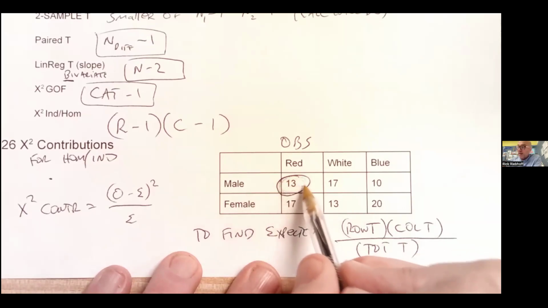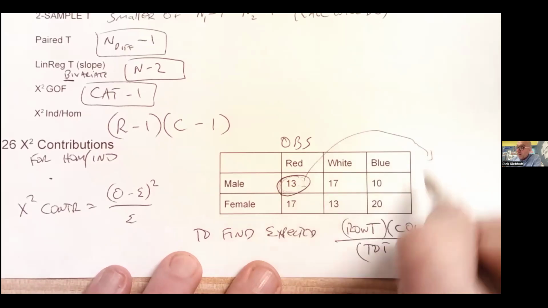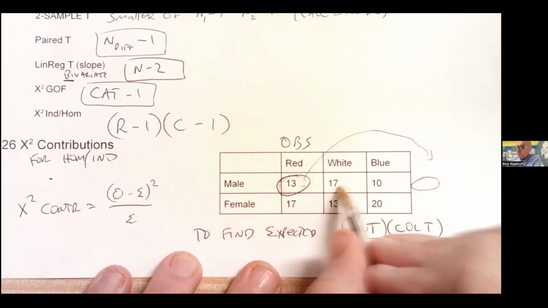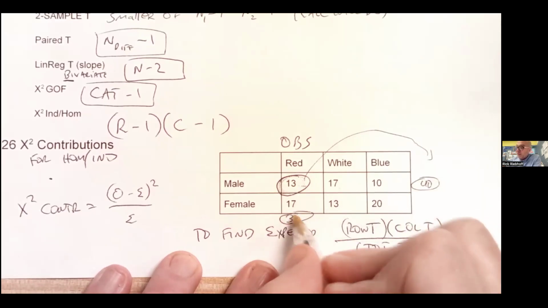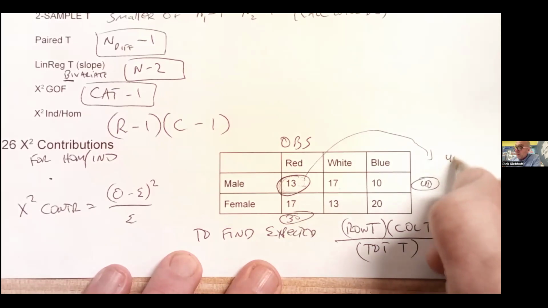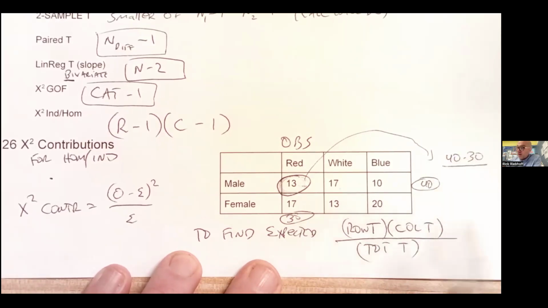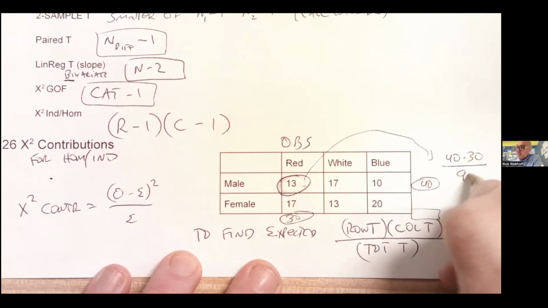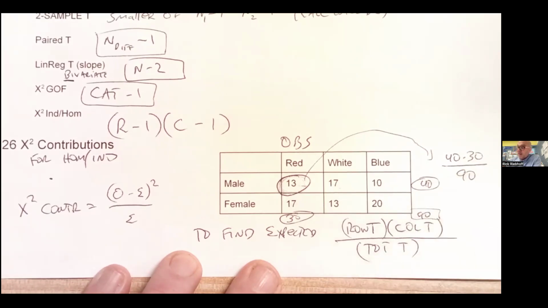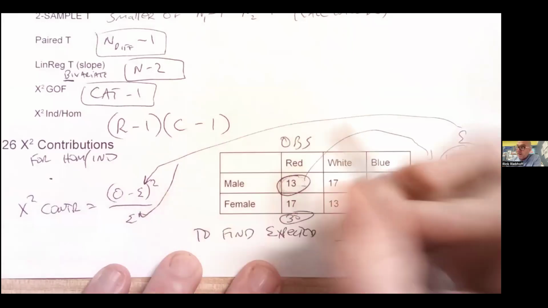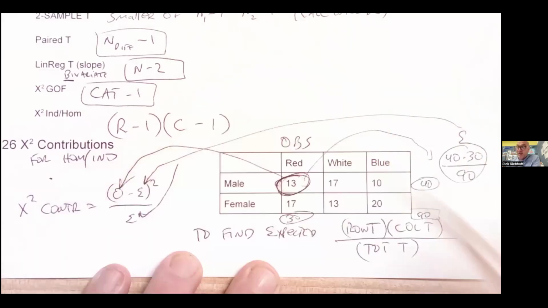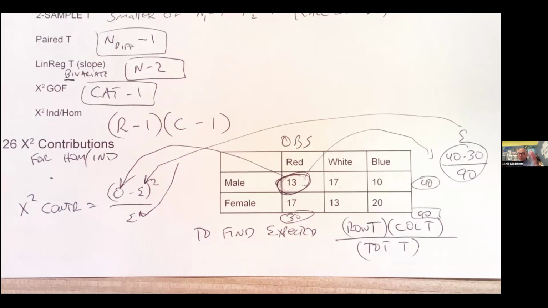If I want to find the expected here, I would find this total, which is 40, and multiply it by this, which is 30. So 40 times 30 divided by the total, which I think was 40 and 50, was it 90? I think the total was 90. Okay, and that's going to be my expected, and that goes into the expected there. My observed would go there, and I would find the contribution for that one.